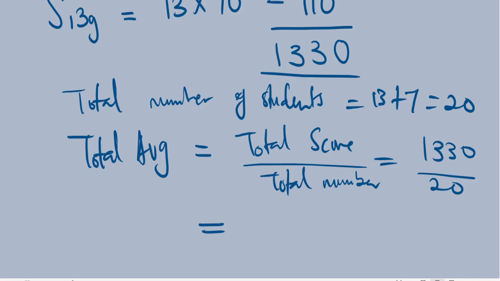What is 1330 over 20? You can do the division yourself, maybe in your book, but that will give you 66.5. So that is 66 and a half.